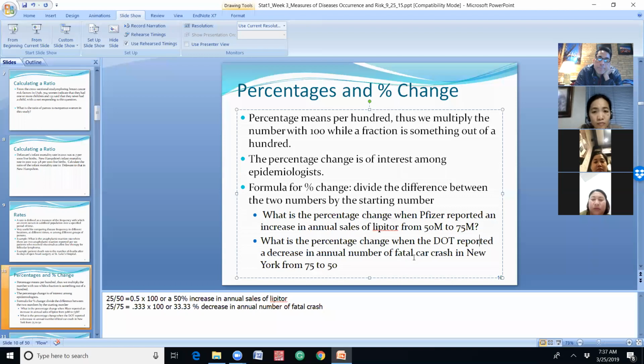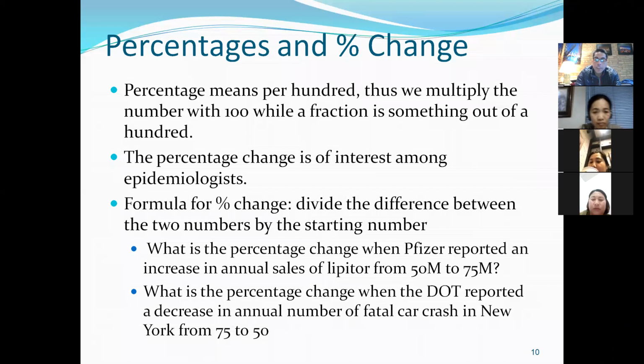But this time, it will be 25 divided by 75 because the first number is 75. So what would that be? 25 divided by 75 equals 0.333. But you have to multiply that by 100 because it's a percentage change.